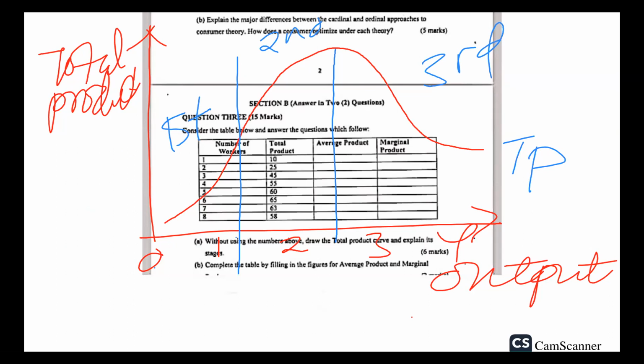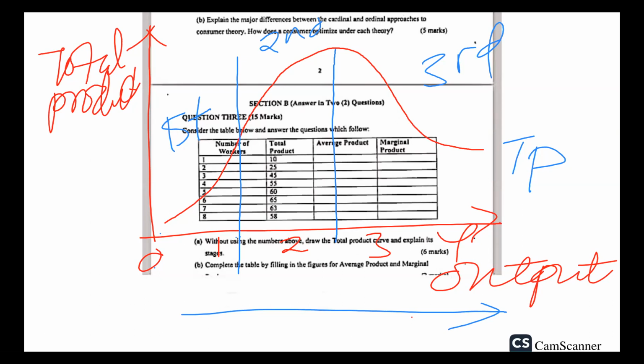What is happening in the first stage is that output is increasing. Output is this one on the axis. Output is increasing, but the total product we get is not increasing at a faster rate. You see the way this curve is increasing from 0 up to somewhere here is not very sharp, not very fast. This is the first stage of a business.